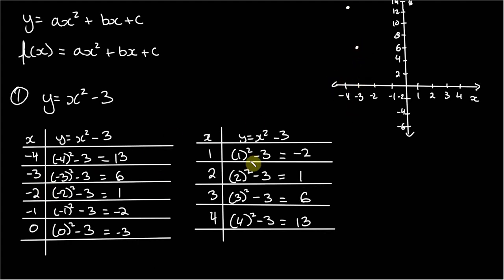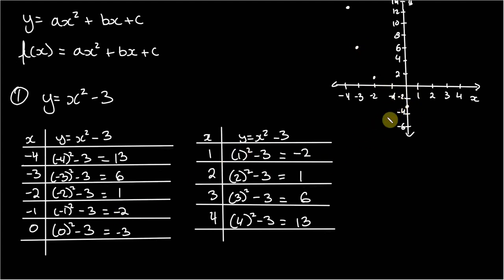When x is negative 2, y equals 1. So negative 2, 1 is going to be right in the middle here, like that. X is negative 1, y equals negative 2. So negative 1 is negative 2. And when x is 0, y equals negative 3. So that's our y-intercept, where the graph crosses the y-axis, is at negative 3.